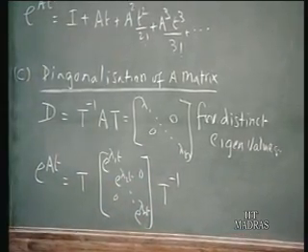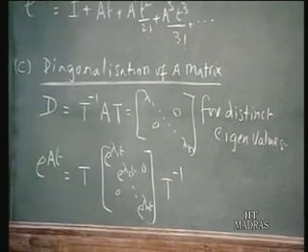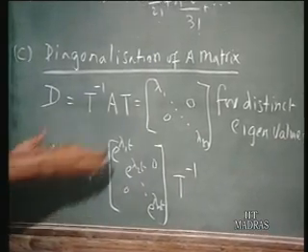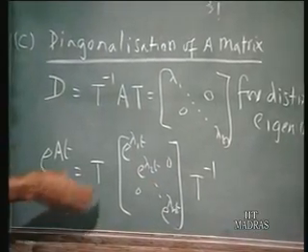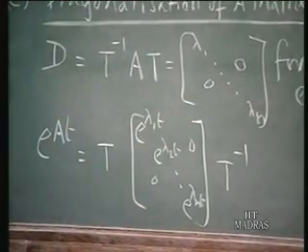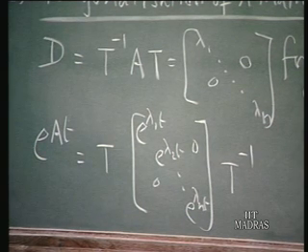So that will be the situation when all the eigenvalues are distinct, and in this case once you identify the T matrix here, you can calculate e to the power of At by multiplying this diagonal matrix by T on one side and T inverse on the other side, and you get this. It gets slightly more complicated when some of the eigenvalues are repeated, but we will not pursue this particular approach.